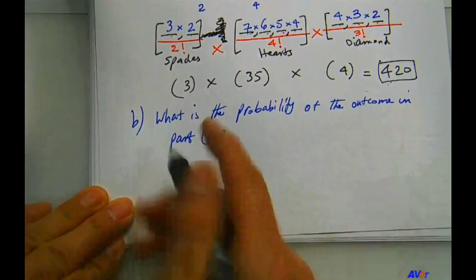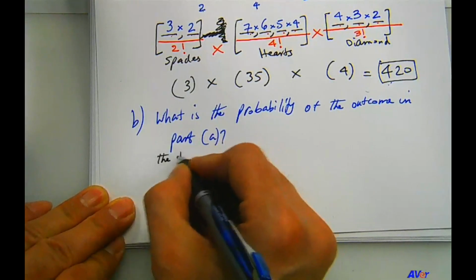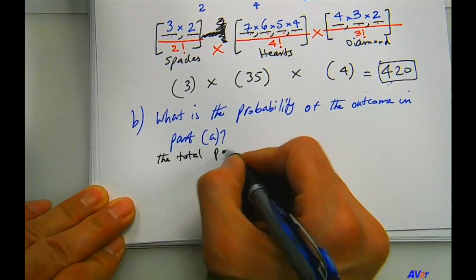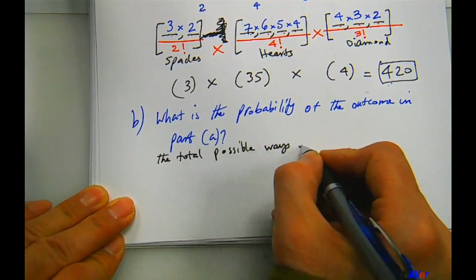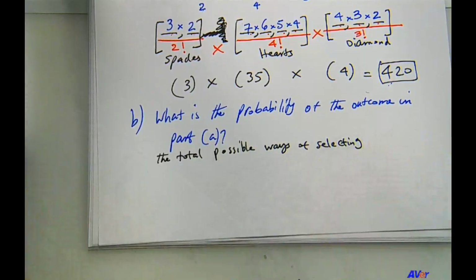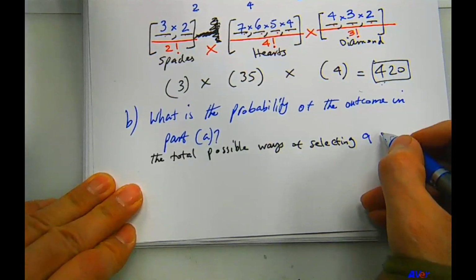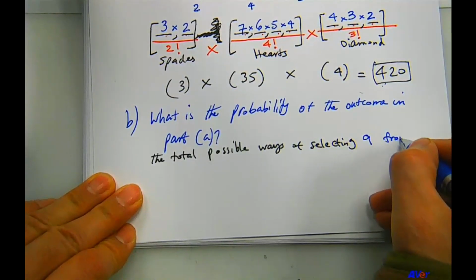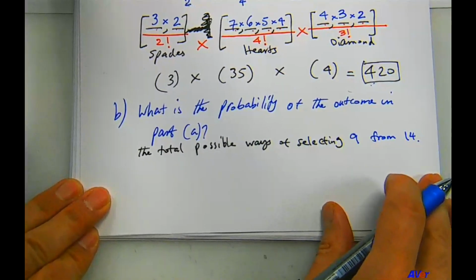So we want to know the total possible ways of selecting 9 from 14, right?